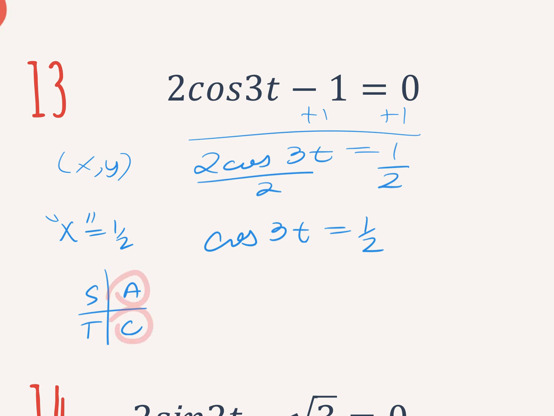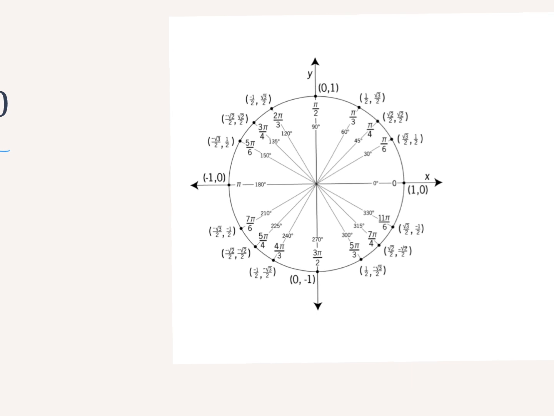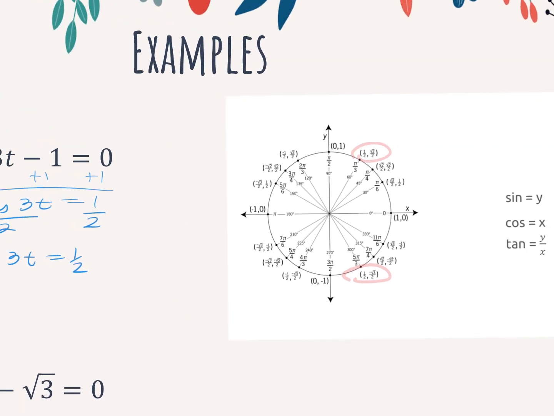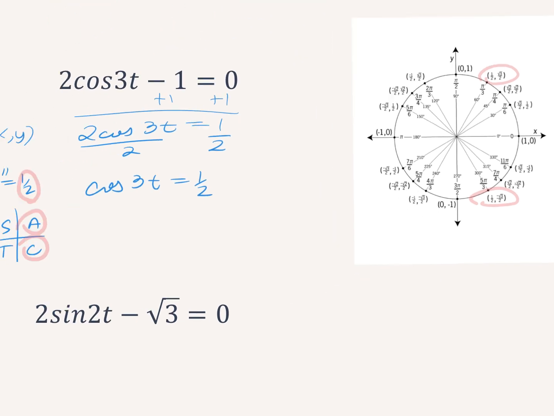So I'm looking in quadrant 1 and 4 for an ordered pair that has an x value of 1/2. So if you go up to your unit circle, you can see that it's going to be at pi over 3 and 5 pi over 3. So those are going to be the angles. And then it's also 60 and 300.